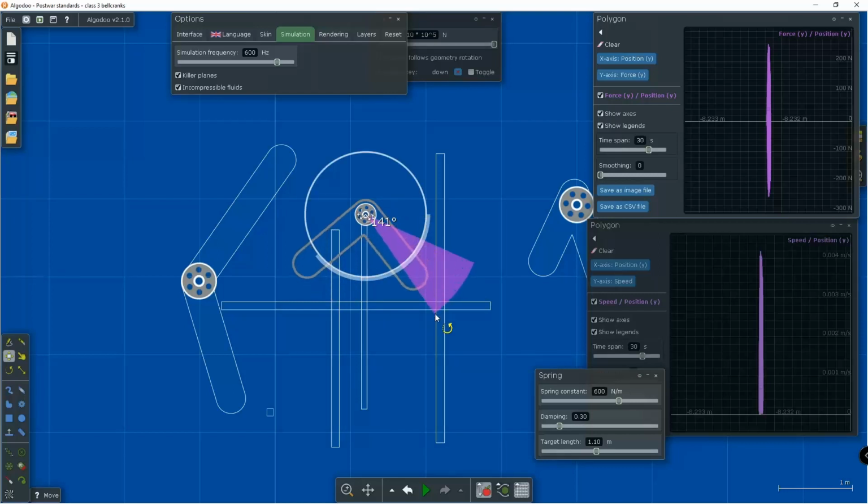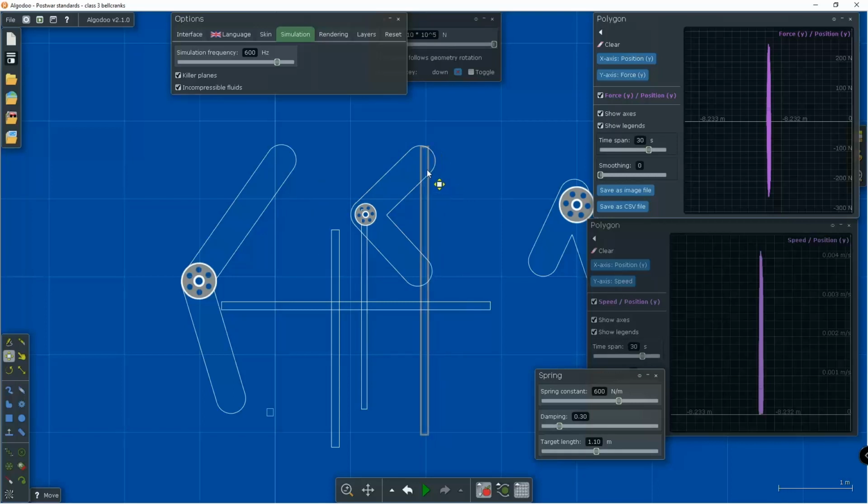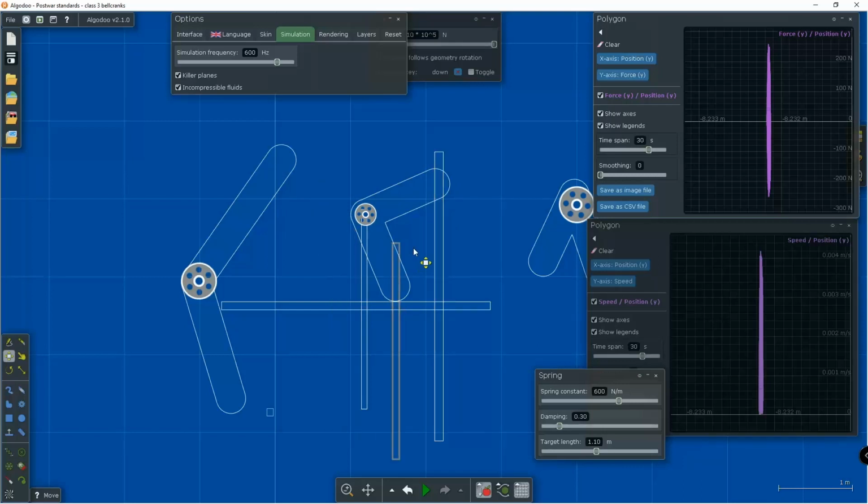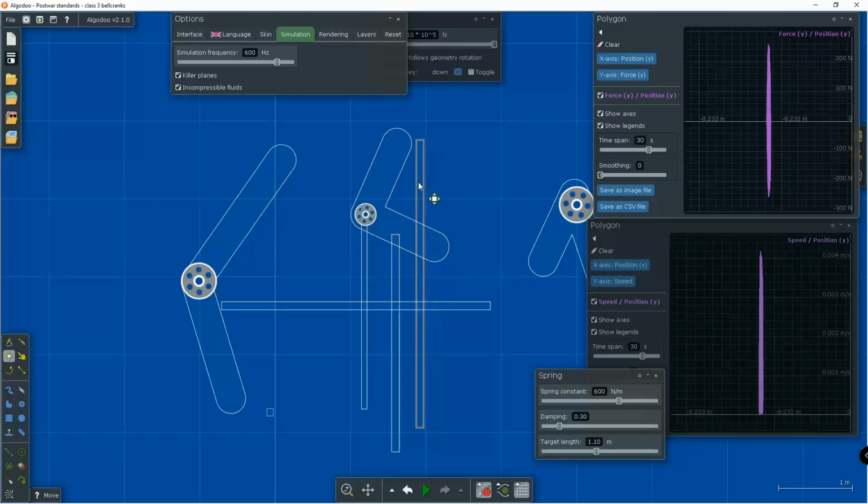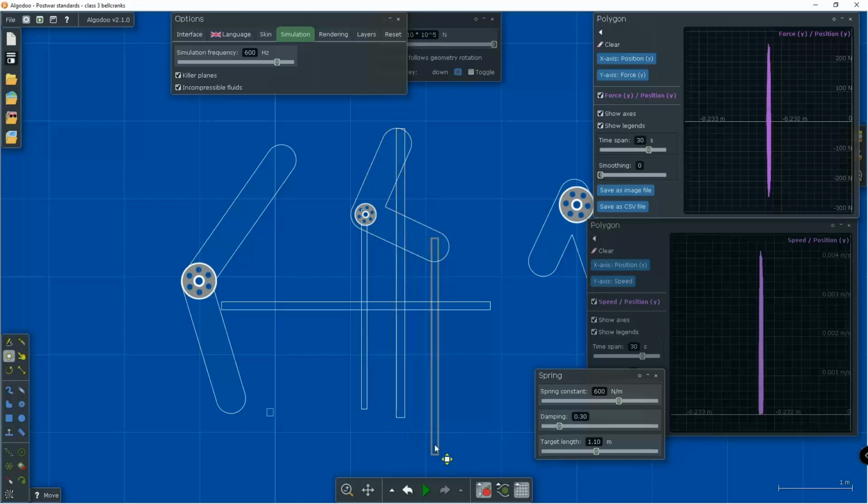Then we may eventually reach this point, like here. That would be a class 2.5, since we are at the brink between either a class 2 arrangement or a class 3 arrangement. So this is our effort, this is our load.